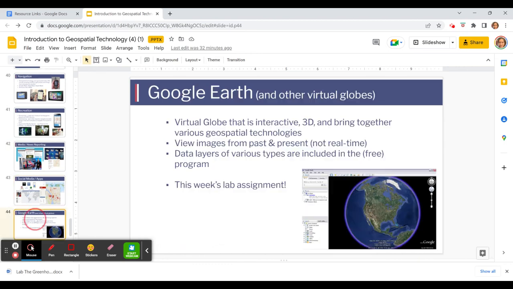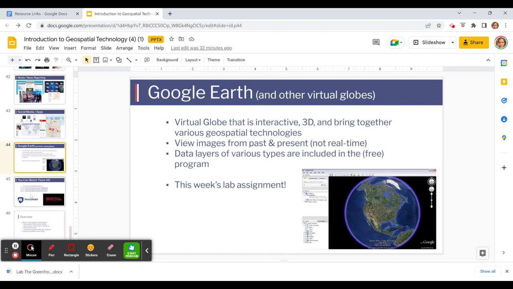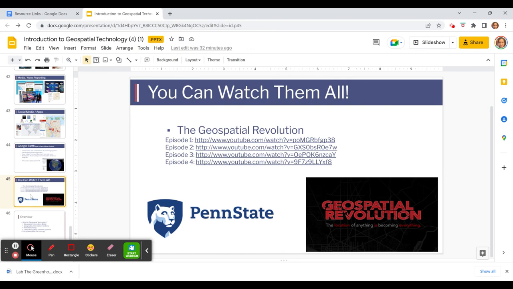Also, social media apps. And now we have Google Earth, which we have programs that we can interact with and remote sense from wherever we're at. We can watch them all.